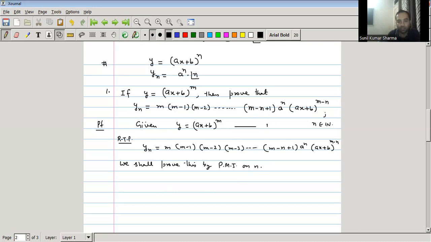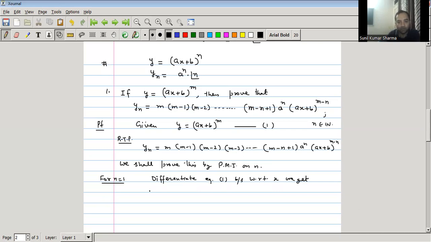Let this be 1. So y is equal to (ax plus b) to the power m. So what is y1? We differentiate equation 1 for n equal to 1, both sides with respect to x.